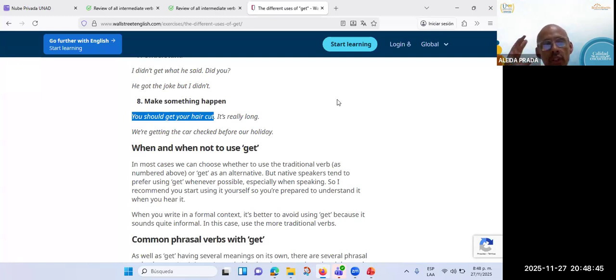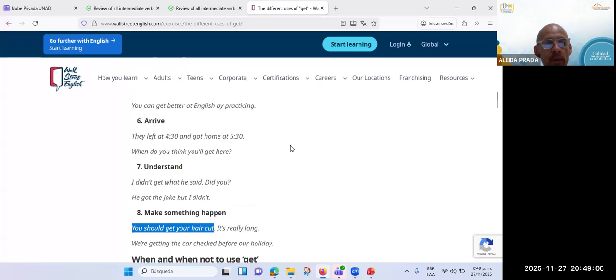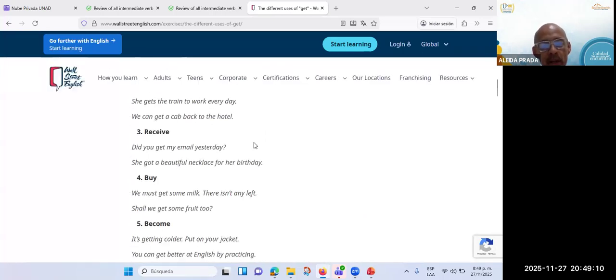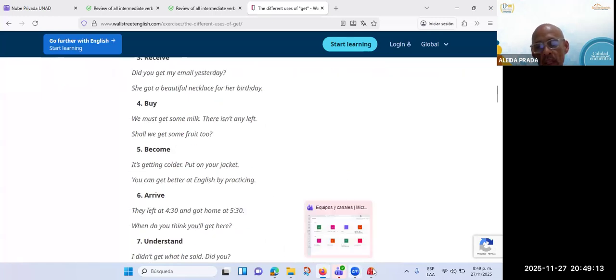If we want to translate that sentence, we could do it in a totally different way, with totally different words. But when we say, you should get your haircut, usted debería cortarse su cabello. Okay? That's a little different, but this is very important to understand that the verb get is very common in English.